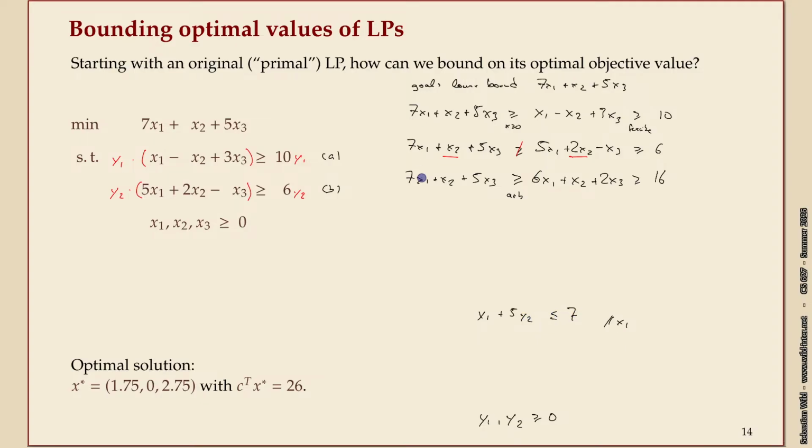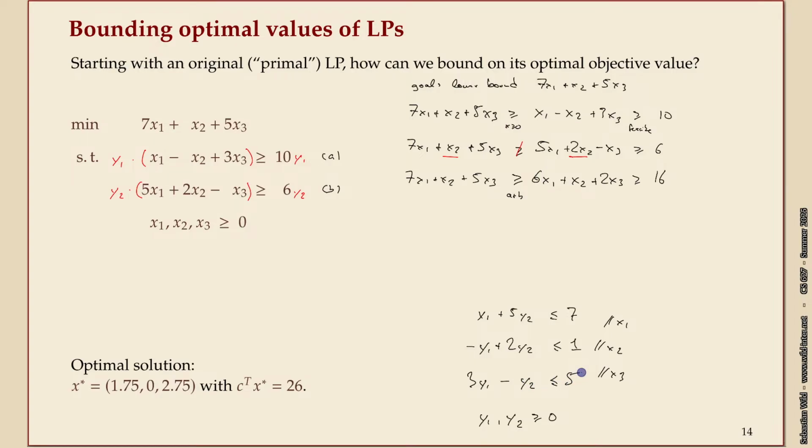Otherwise, I don't get this bound. And I get the same for the other two variables. Minus y1 plus 2y2 should be below 1. And for x3, I get the constraint 3y1 minus y2 less or equal 5.